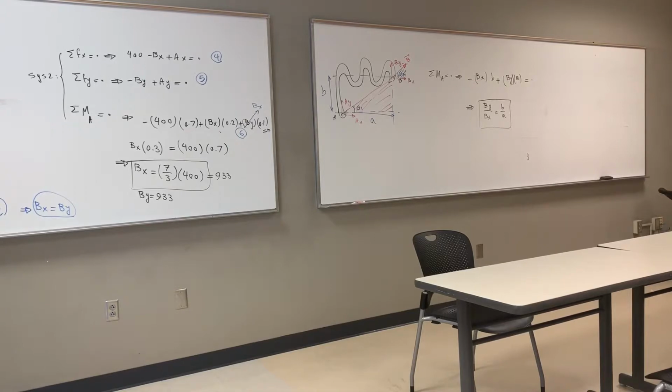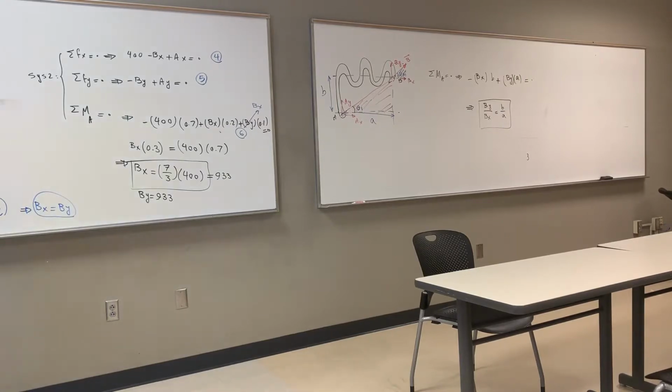So when you draw the FBD, you draw it like that. This will accelerate your solution. Instead of introducing dx, dy, you only have one unknown B, and you have its direction.